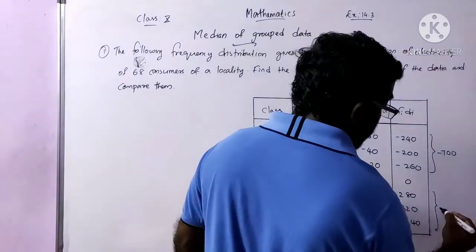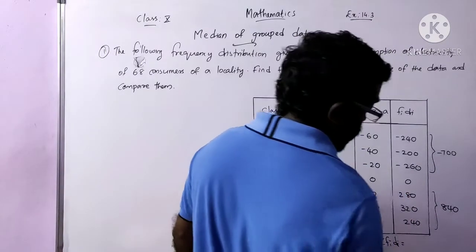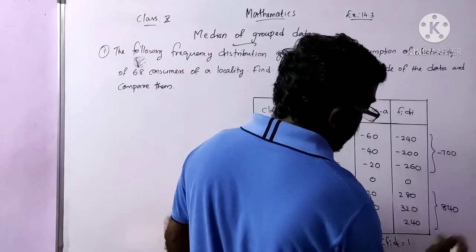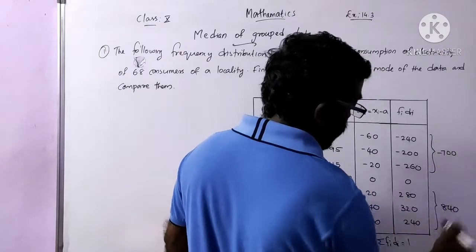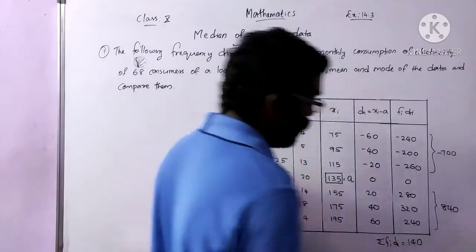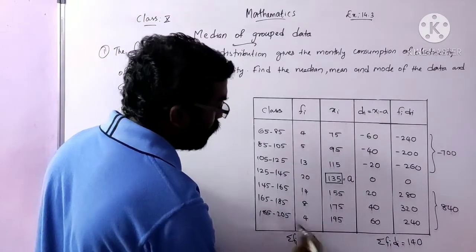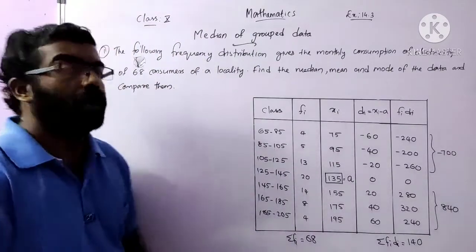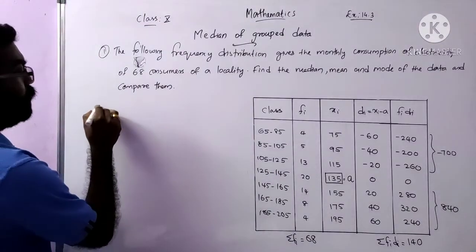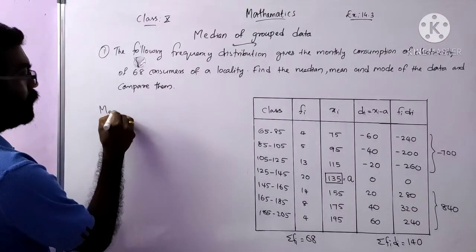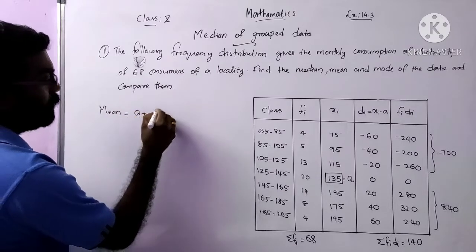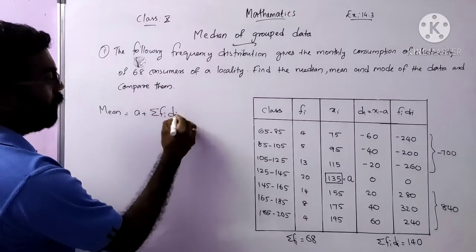And here it is 840. So sigma FiDi is 840 minus 700, it is 140. And here sigma Fi is equal to 68. Okay. Now we can write the formula. Mean is equal to A plus sigma FiDi divided by sigma Fi.